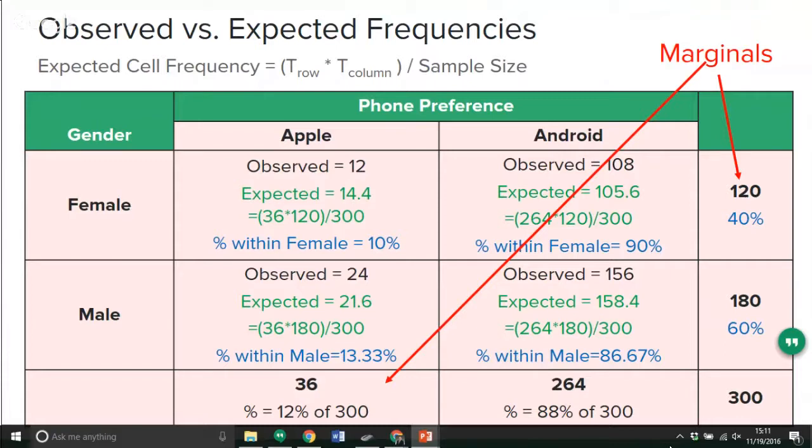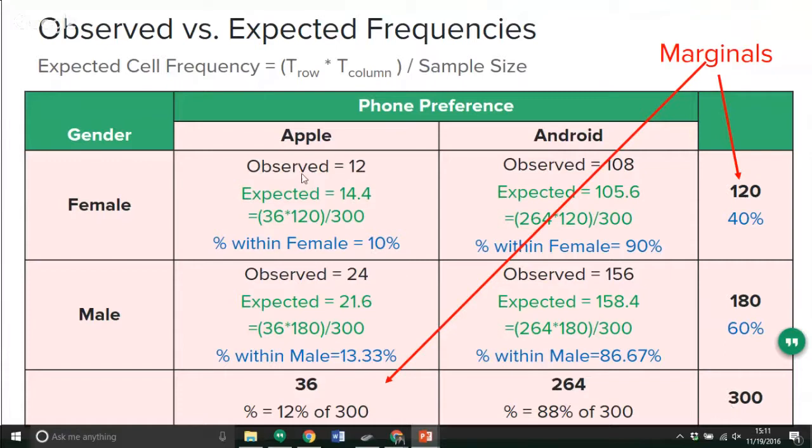To calculate what each individual cell was expected to be, for instance, the expected proportion of females who like Apple, or females who like Android, we use the formula where we multiply the row total by the column total. So we multiply one marginal by the other marginal, and we divide that whole thing by the sample size.